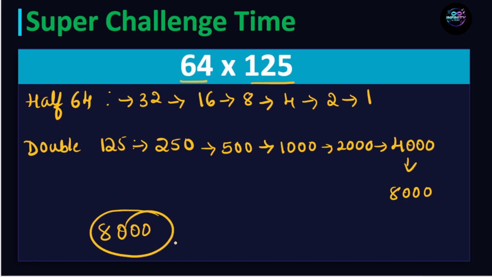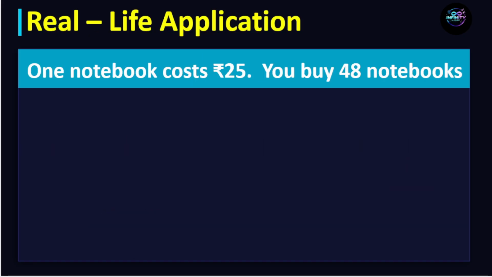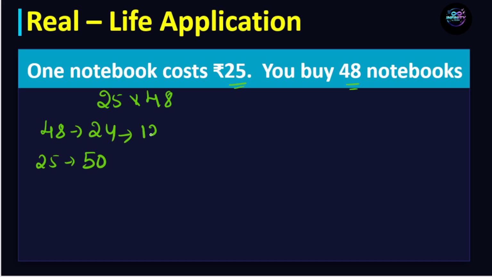Looks like magic. Now we'll understand some real life application. Suppose one notebook costs 25 rupees and you buy 48 notebooks. Instead of multiplying 25 with 48, think: 48 half is 24, 25 double is 50, 24 half is 12, then 50 double is 100, then 12 half is 6, double of 100 is 200, 6 half is 3, and double of 200 is 400.